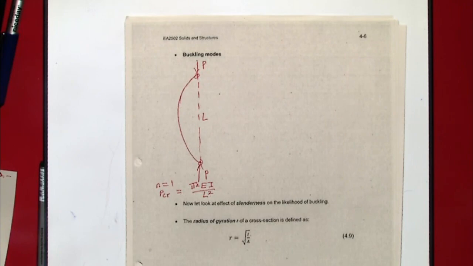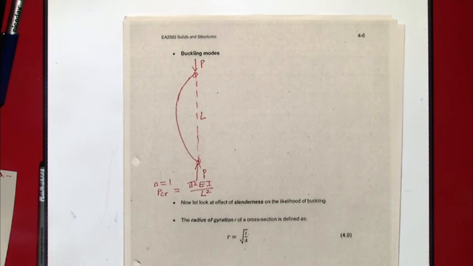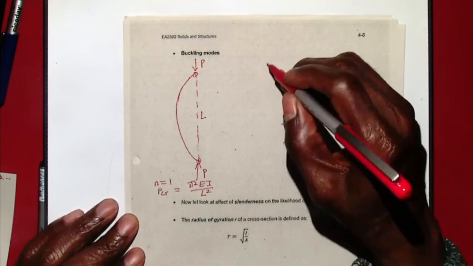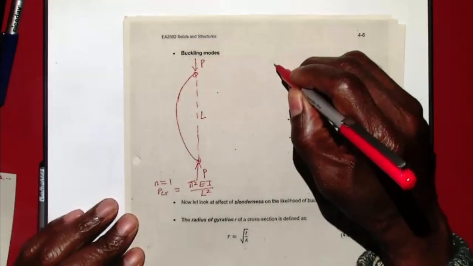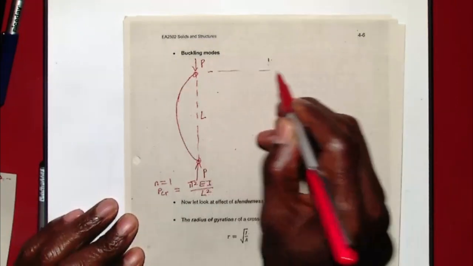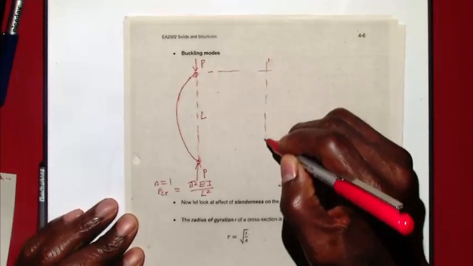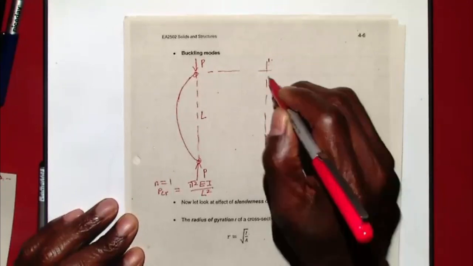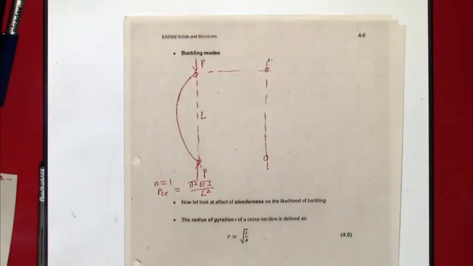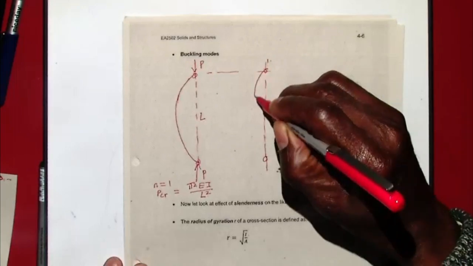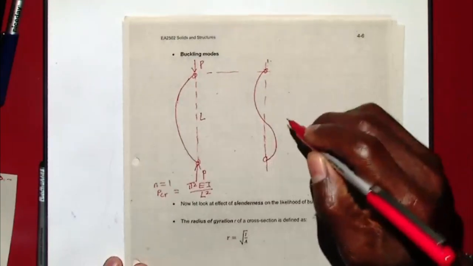But sometimes that is actually constrained from taking place. Then you might have the second mode where N is 2. Let me just show it's the same. Let's say that is the initial length. If it is like that, you will have something that does that.